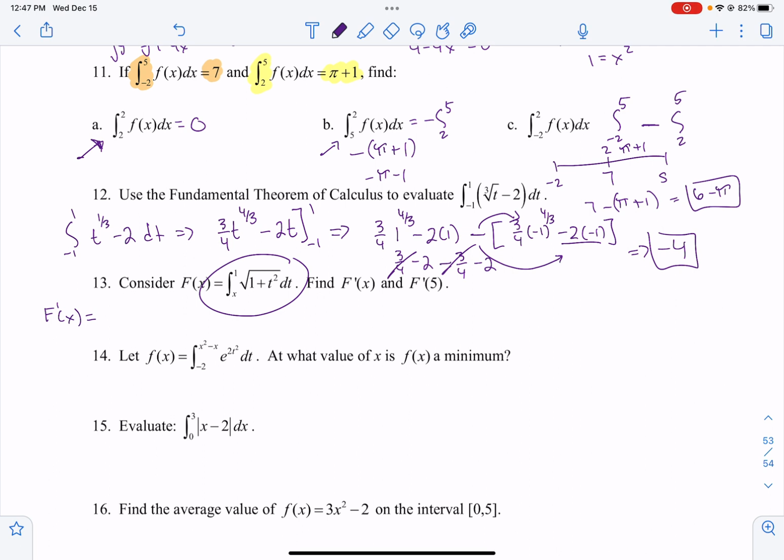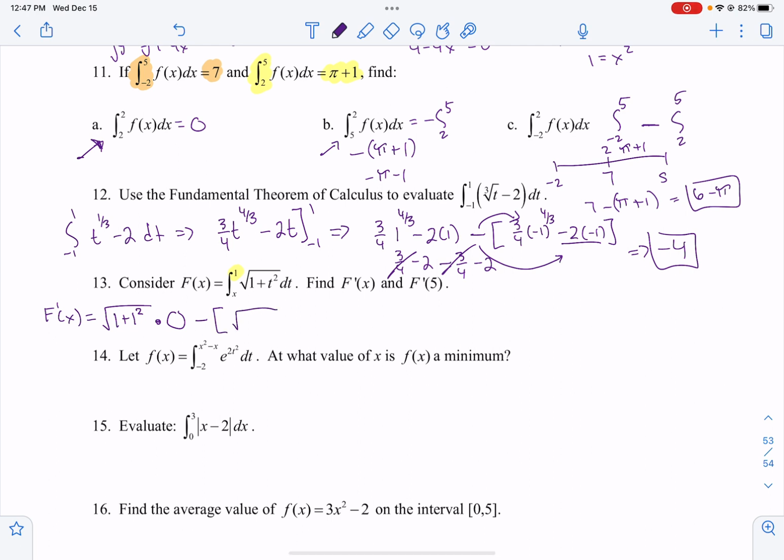And the second fundamental theorem of calculus tells me, okay, take the top number and plug it in. So F prime of x is going to equal the square root of 1 plus 1 squared. And then I have to multiply that by the derivative of the top, which is 0. Then I'm going to subtract. I plug in the bottom.